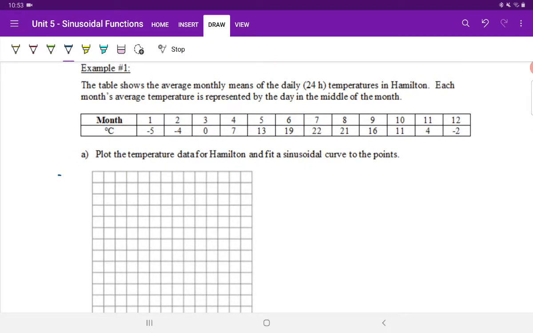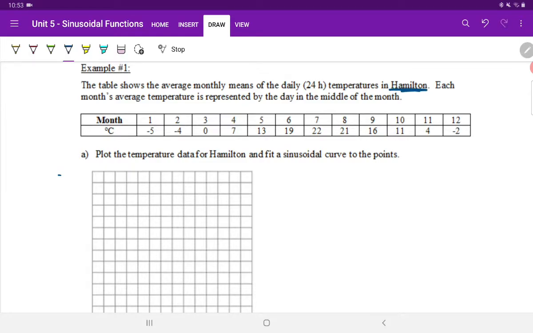It just takes us through a real example of weather and the month that you're currently in here, the city of Hamilton.